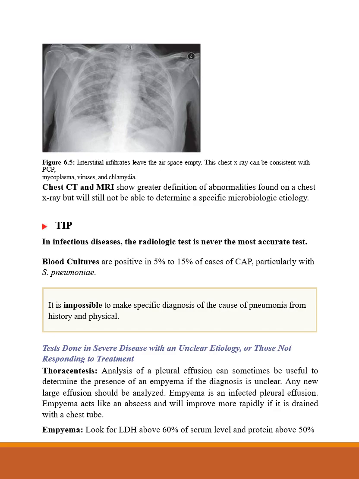Empyema acts like an abscess and will improve more rapidly if it is drained with a chest tube. So if we have empyema, we need to look for LDH above 60% of the serum level and proteins above 50%. Let's go to the next slide.